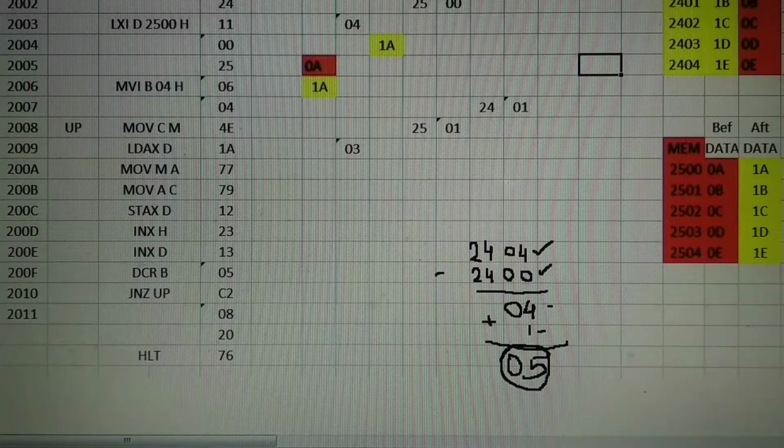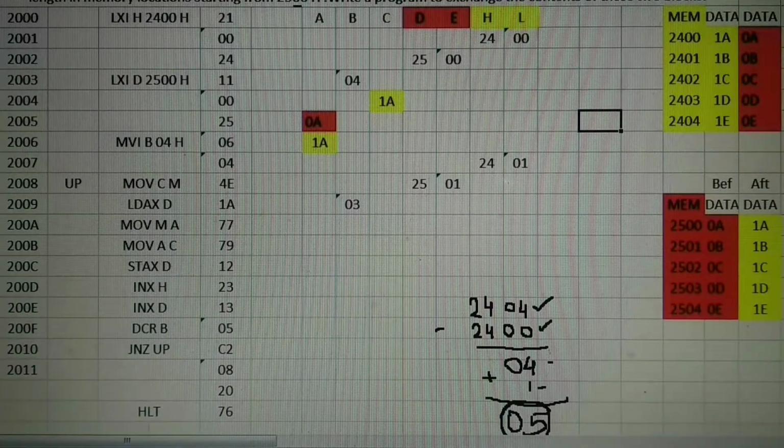Your program is that two blocks are given and you have to exchange the contents of the blocks. That means here are the contents of the block which is stored from 2400, and here are the contents of the block which is stored from 2500.